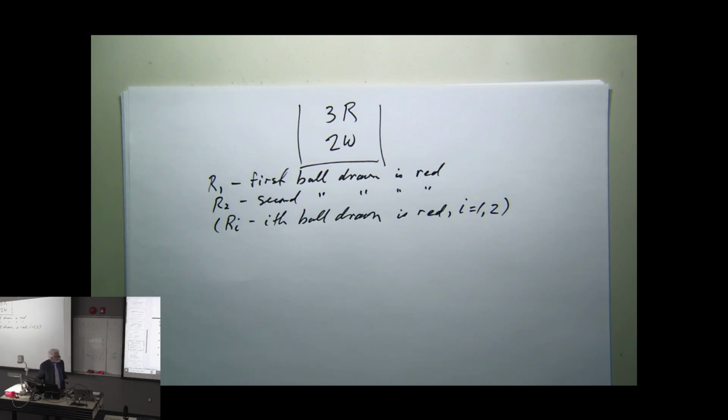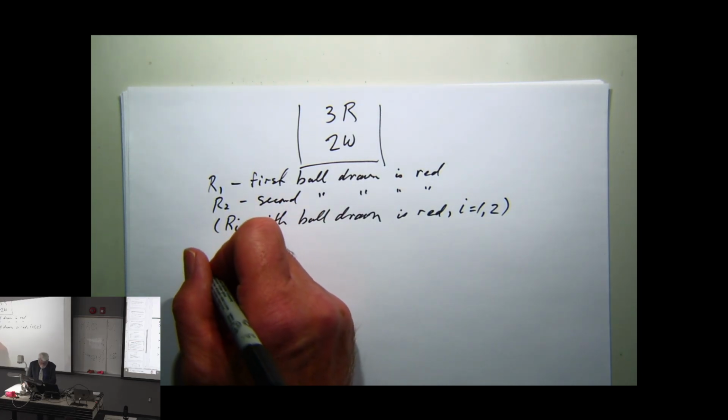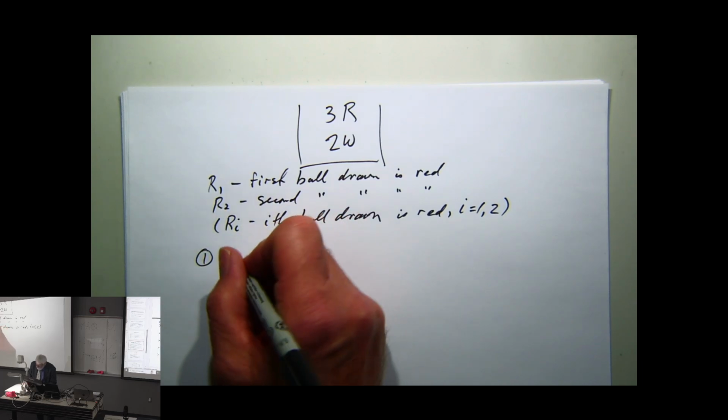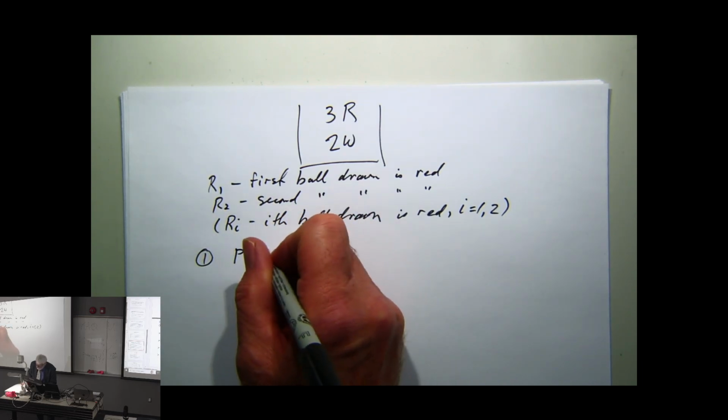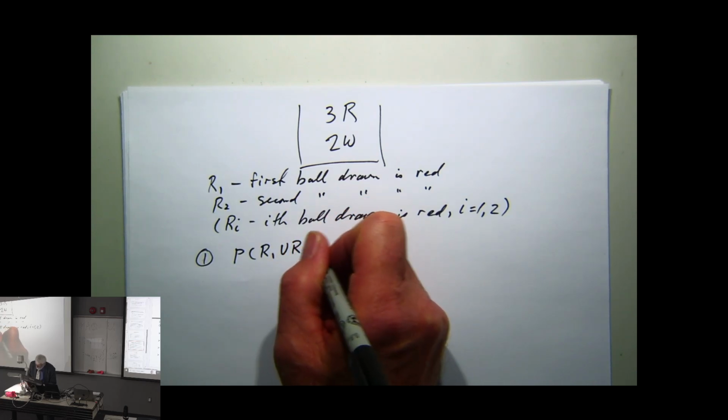So the first question says, what is the probability at least one ball drawn is red? And so our first question, I'll just call it number 1, is we are looking for the probability that the first ball drawn is red or the second ball drawn is red.